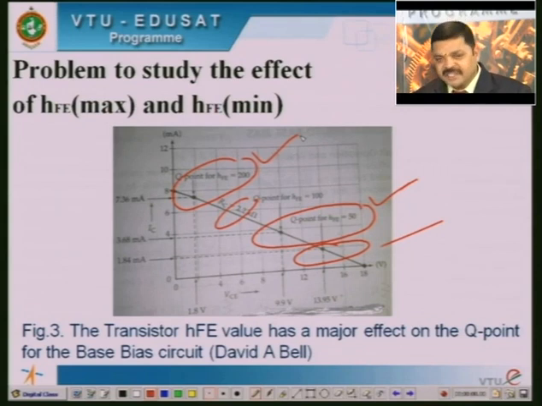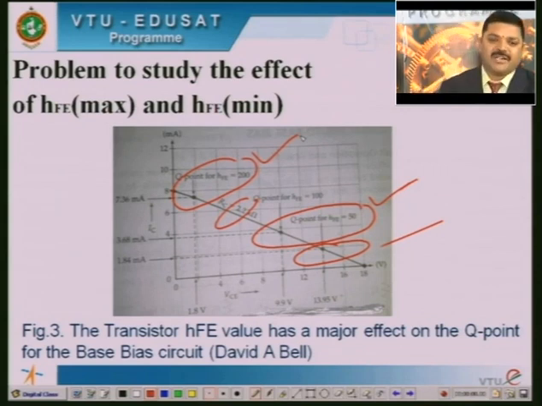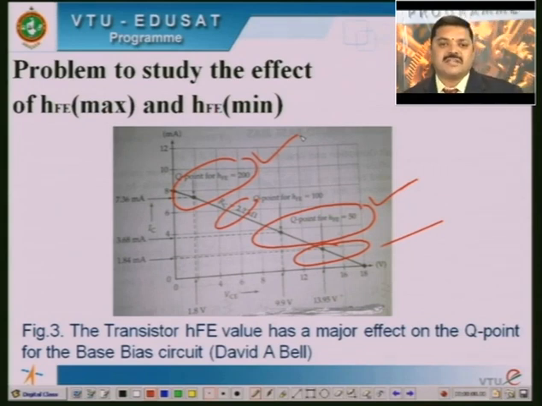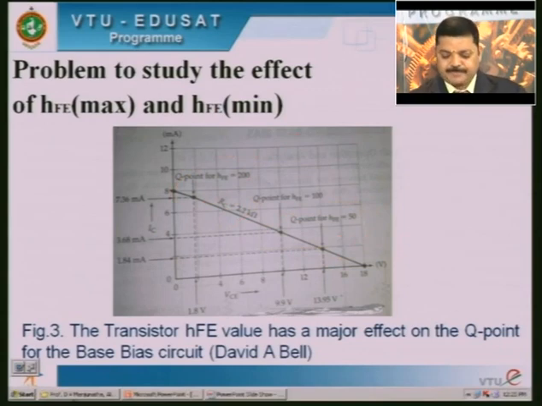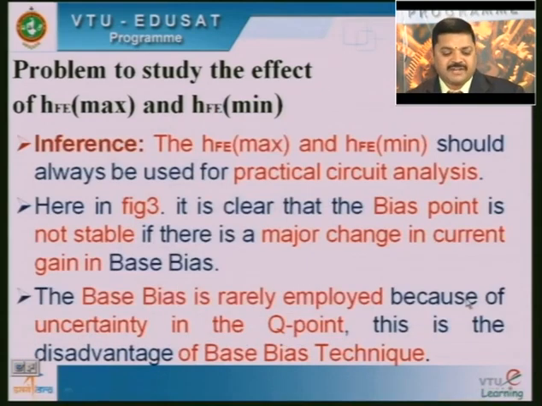When there is an uncertainty in the operating point, we may not get faithful amplification; we always get unfaithful amplification. That is the major disadvantage of the fixed bias circuit. So, what is the inference? The inference here is that HFE max and HFE min should always be used for practical circuit analysis.